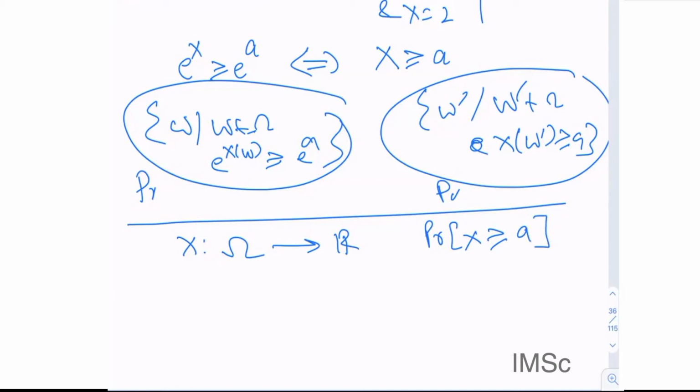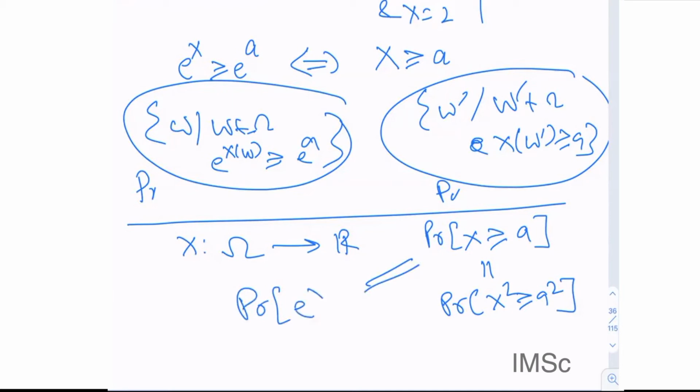But to do this, I will not compute this directly. Instead, this is the same as saying x square is greater than or equal to a square, or the probability that e^x is greater than or equal to e^a. If I can say this, then the bounds you get from applying Markov on this function lead to what are called Chernoff bounds.